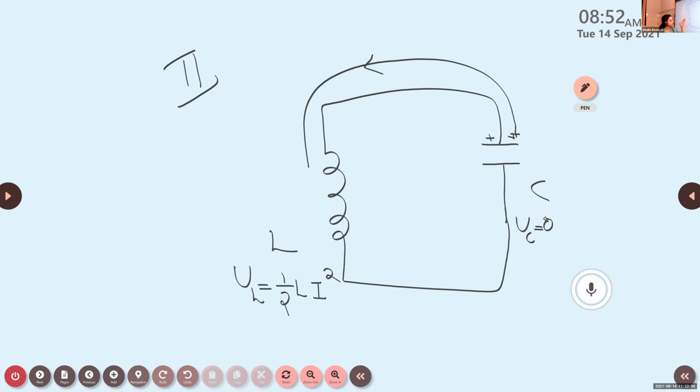As a result, the magnetic flux associated with this inductor coil changes. Thereby, it attains a maximum energy because a voltage is induced here and an induced EMF is developed. That maximum energy stored by the inductor is given by UL is equal to half L I square.